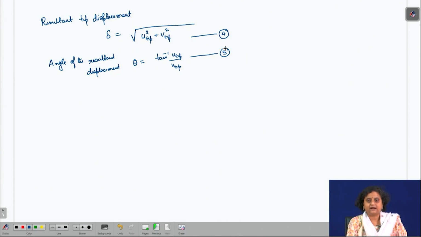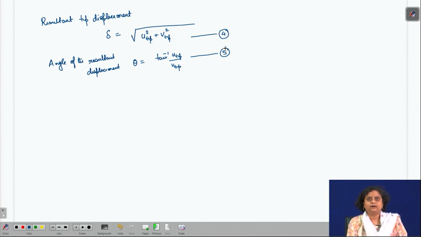The equations that I have derived have been derived for a cross section of arbitrary shape. But the moment was applied only about the x axis, and the moment about the y axis was 0.